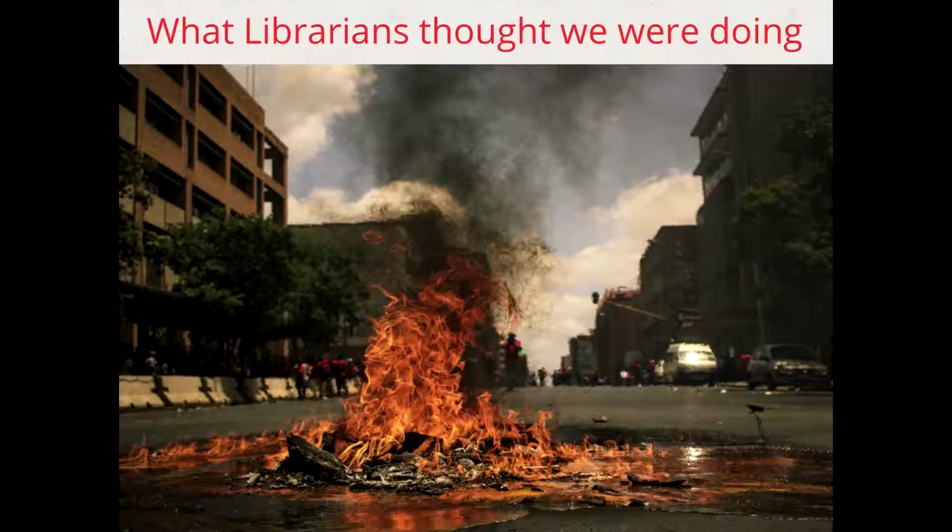So I'm going to show a picture from a reference liaison meeting when we started talking about overlap analysis, or analysing electronic holdings and physical holdings. We probably did not communicate why we were doing this, and a lot of the liaison and reference librarians reacted quite angrily against that.